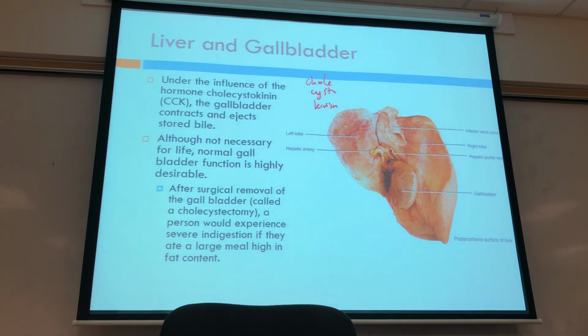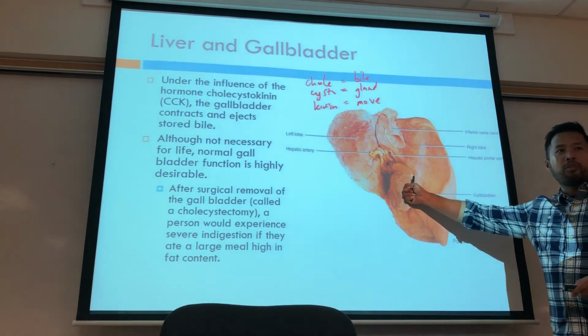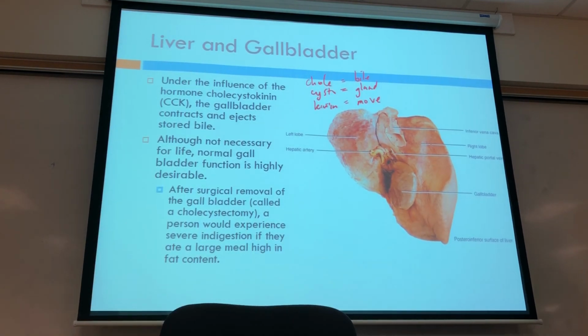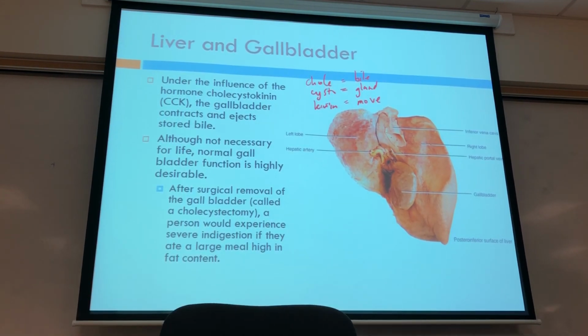If you break down the word, cysto means gland, chole means bile, and kinin, like kinesiology, is to move. So bile gland move is basically the name of it. This hormone causes the gallbladder to contract and secrete that concentrated bile down the common bile duct to dump right into the hepatopancreatic ampulla.